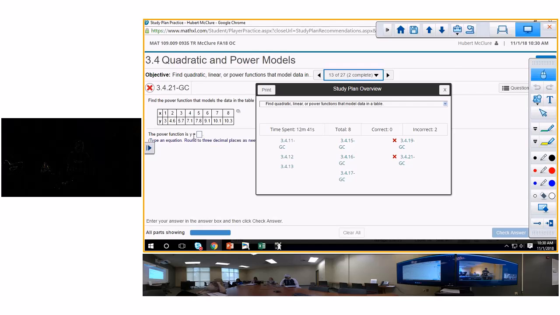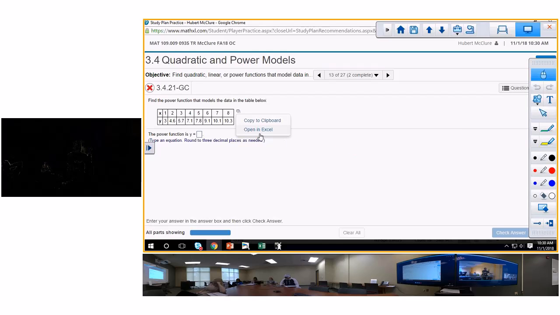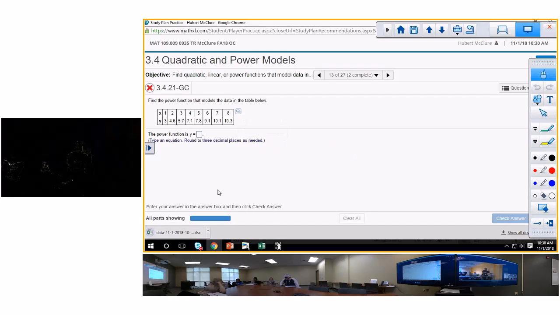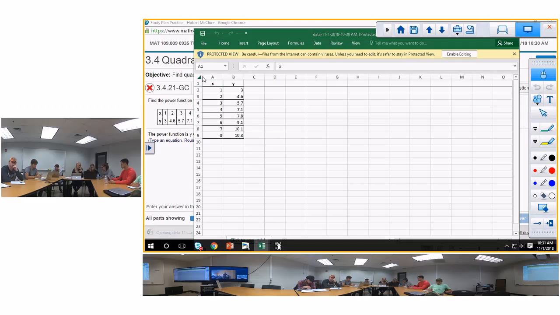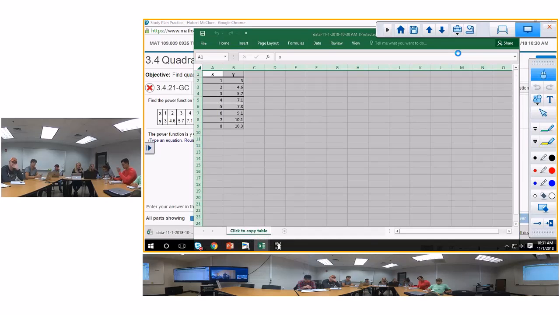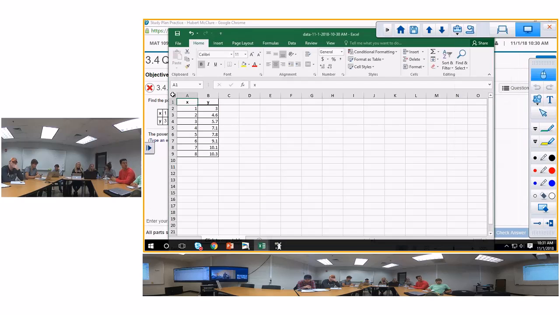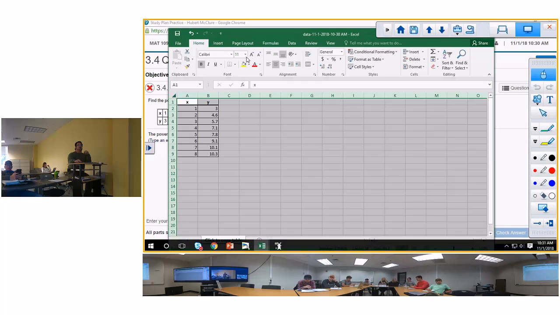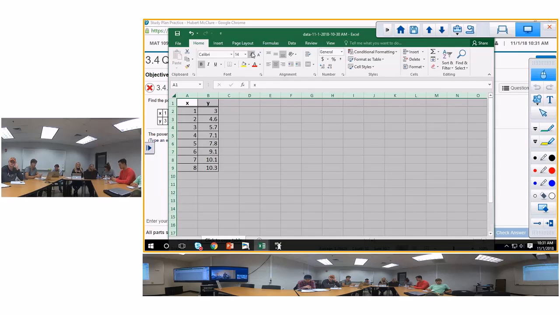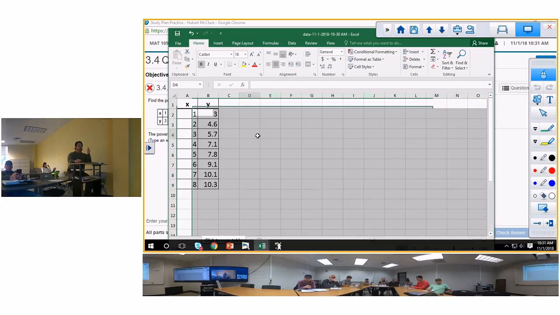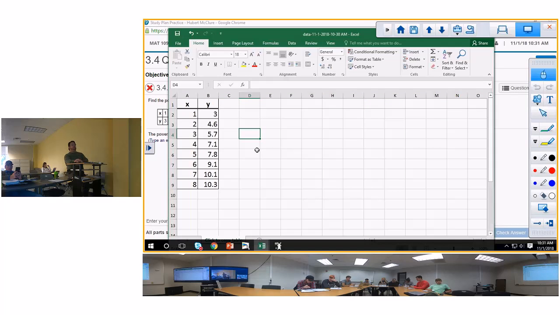I'll do it again. This is a different problem, so I'll make it bigger for you. Write down these, or put them in your Excel spreadsheet, or put them in your calculator. I'm going to give you the function and see what it looks like.